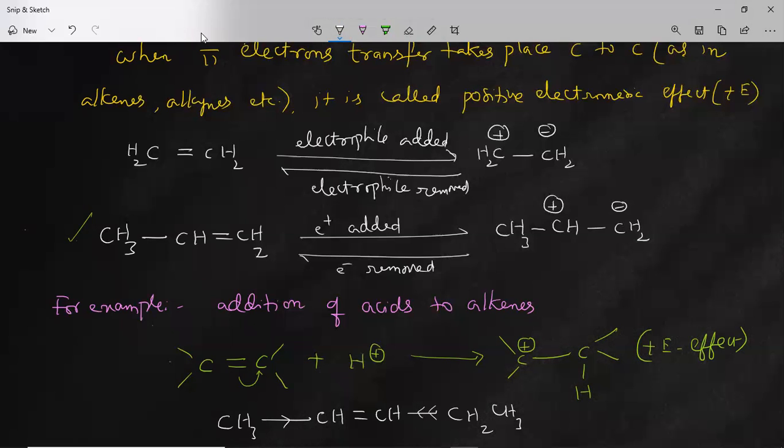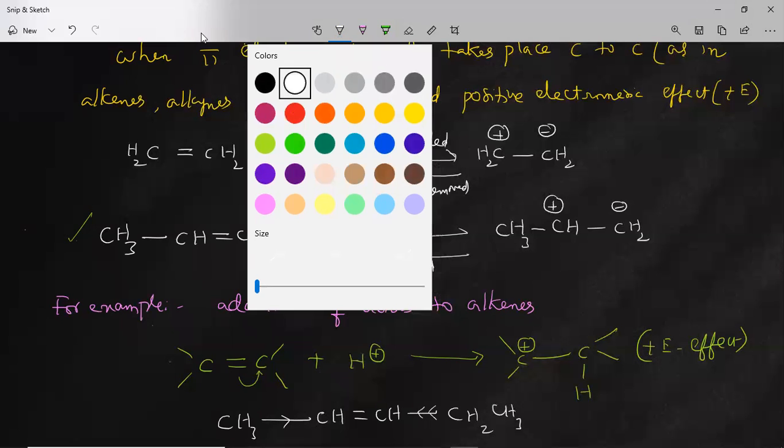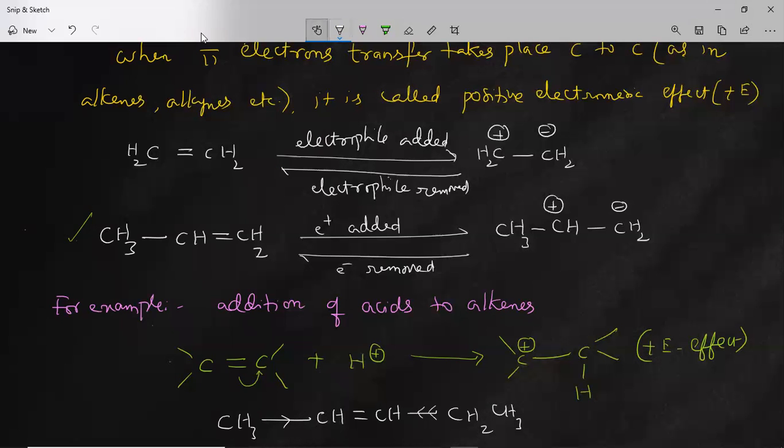If you start observing the numbering also, then on the second carbon, the pair of electrons will be transferred.